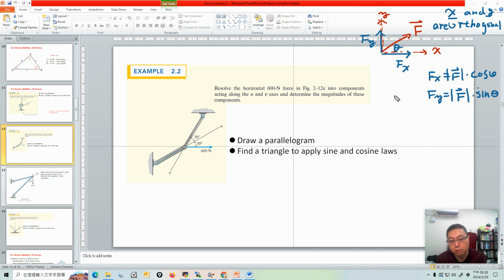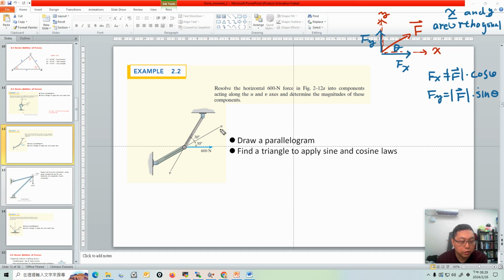But sometimes the force decomposition is not in the xy coordinate. For example, this problem wants you to decompose this force vector into this direction and this direction, the u direction and v direction, and very clearly these two directions are not orthogonal to each other.